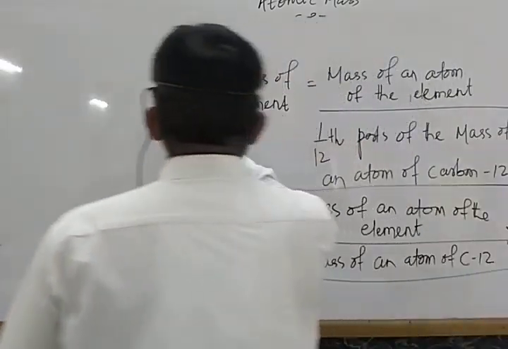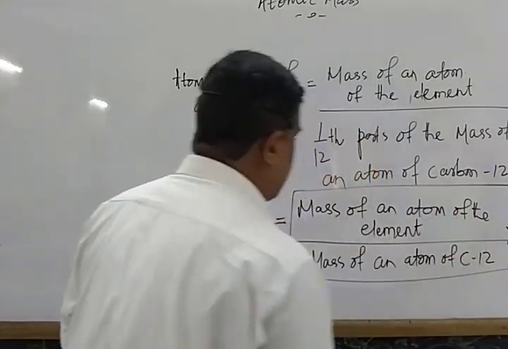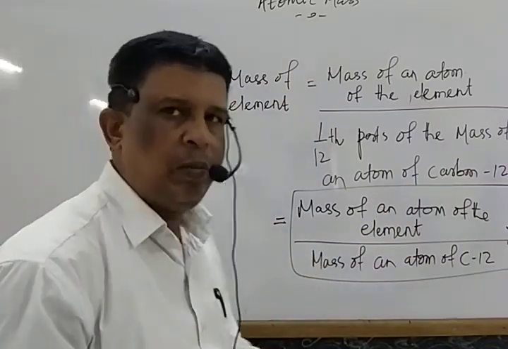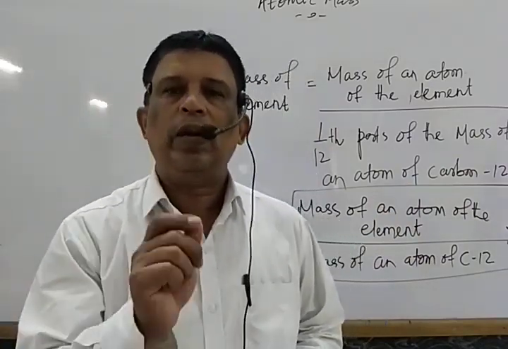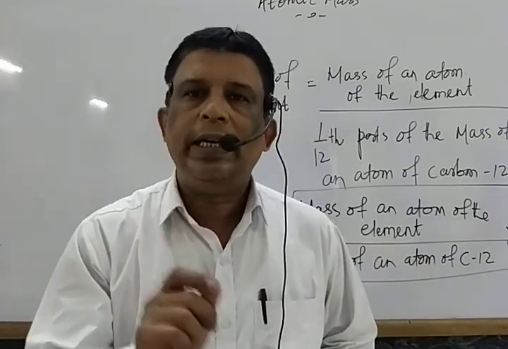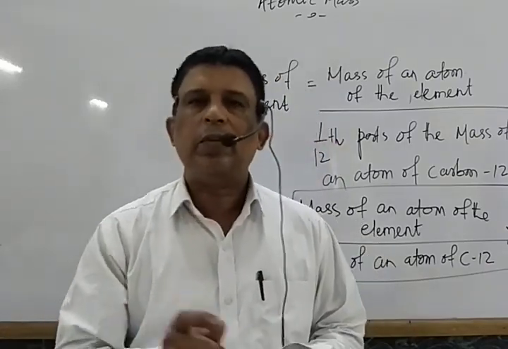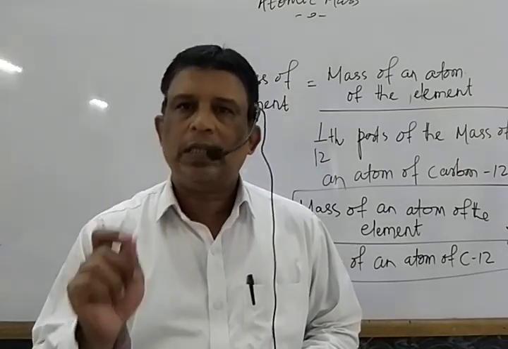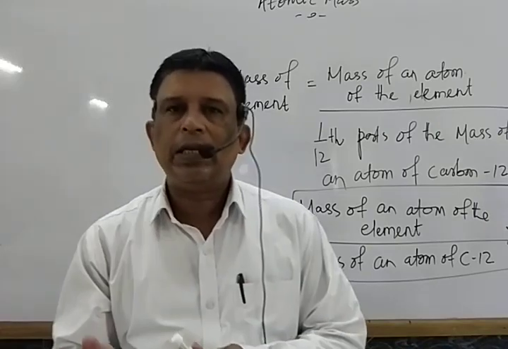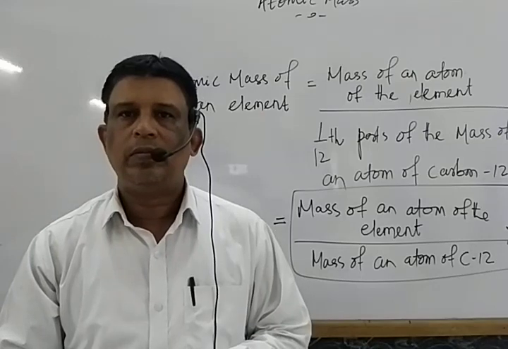In other words, molecular mass is equal to mass of one molecule of that substance divided by mass of carbon atom taken as 12 into 12. A similar example: mass of a molecule of H2O is equal to 2 plus 16, that is 18 AMU. Converted into gram, that means 18 into 1.66 into 10 to the power minus 24 gram. Similar definition applies to atomic mass and molecular mass. Always it is a relative term.